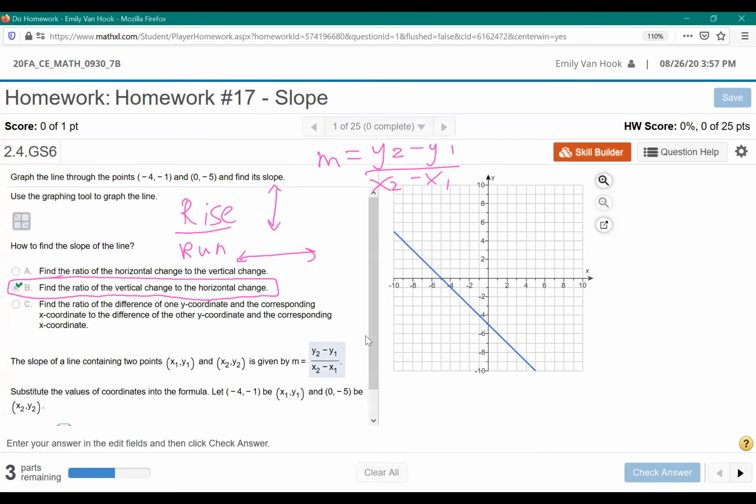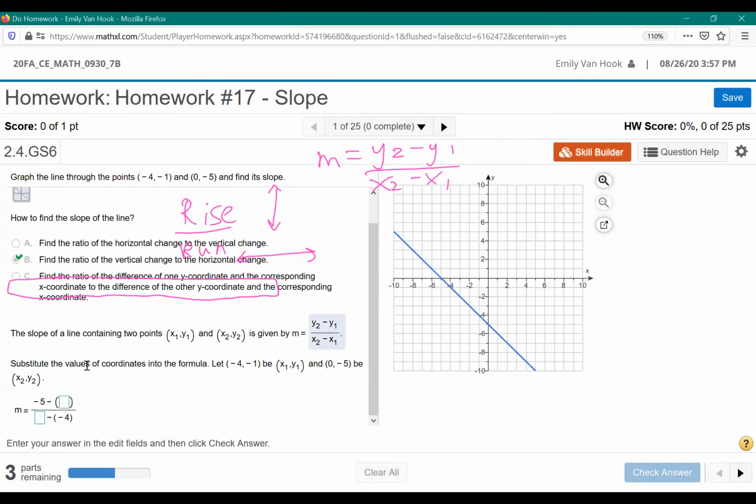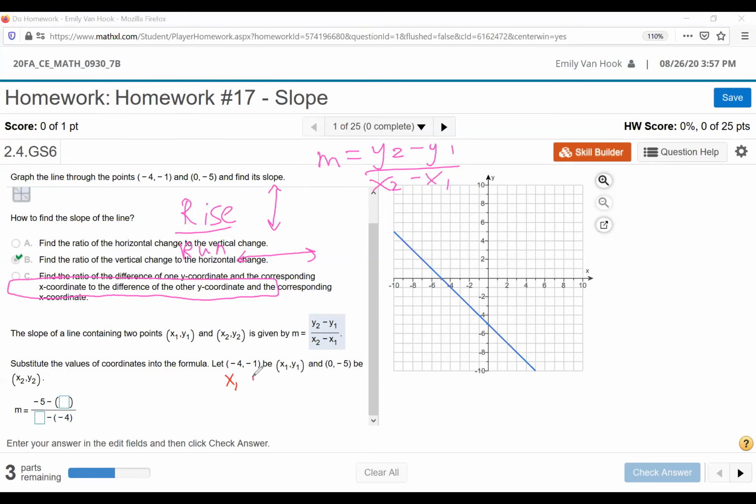Okay. Now we're plugging in. Substitute the values of the coordinates into the formula. So they're kind of telling us what to label here. It says let -4, -1 be x1, y1. And then 0, -5, that'll be x2, y2. All right, so y2 minus y1.